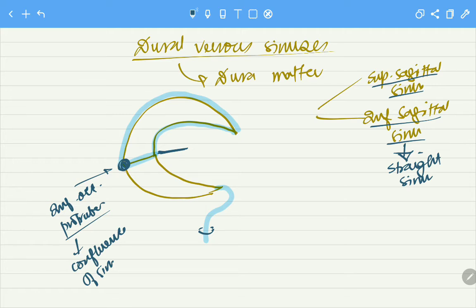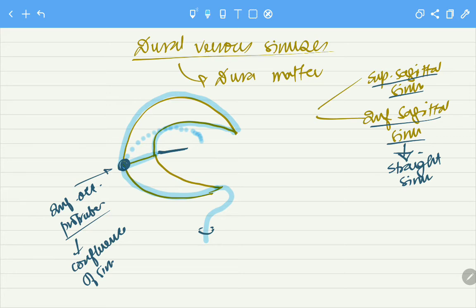From the confluence of sinuses arise the transverse sinuses, which go along the attached margin of the tentorium cerebelli in the occipital bone, and continue as the sigmoid sinus and go out through the jugular foramen and form the internal jugular vein.